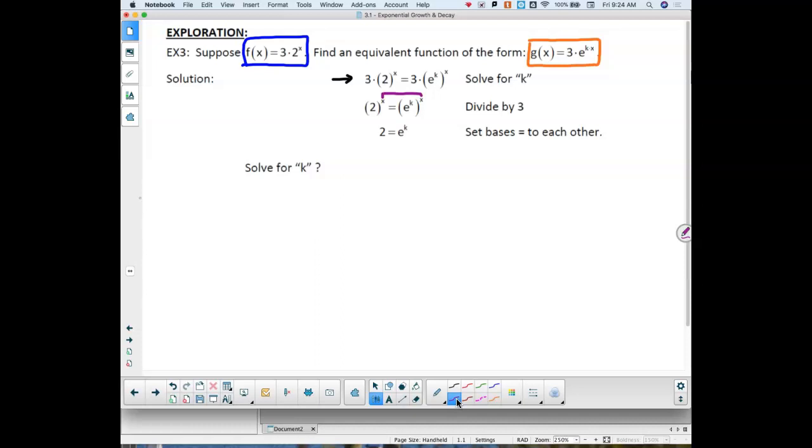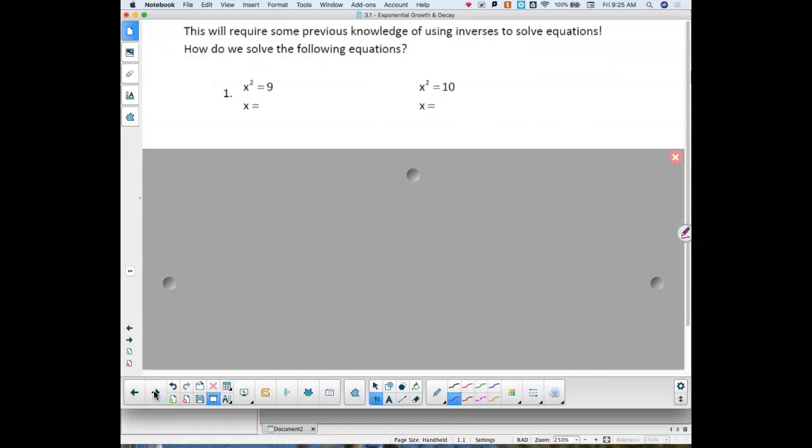And now I'm stuck, because I don't know how I'm going to find out what k is. You've done some work with this kind of thing before, and you know we're going on a path that's going to lead us through the woods and to logs, and natural logs and all that fun stuff. So let's go down that road.